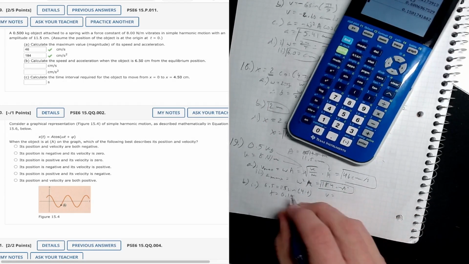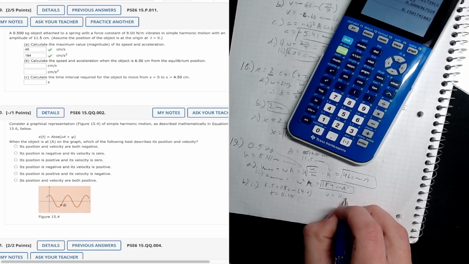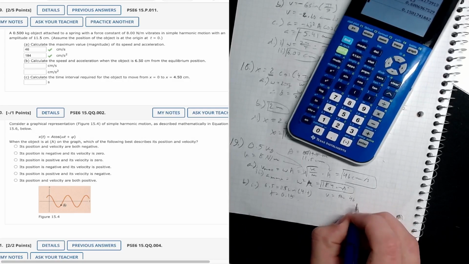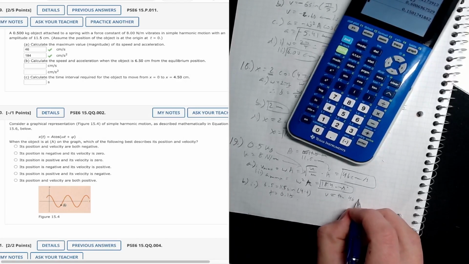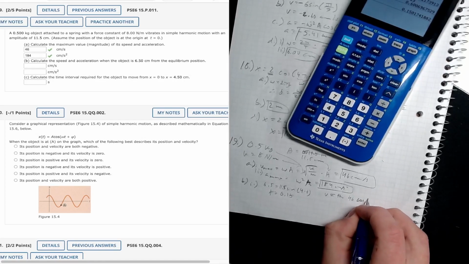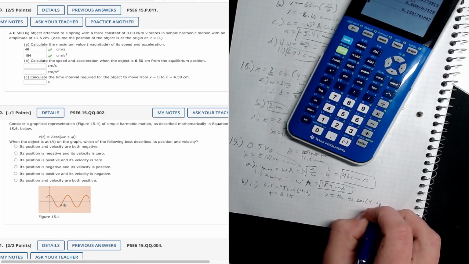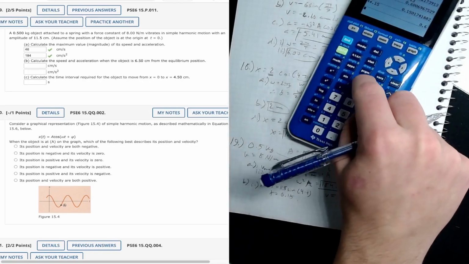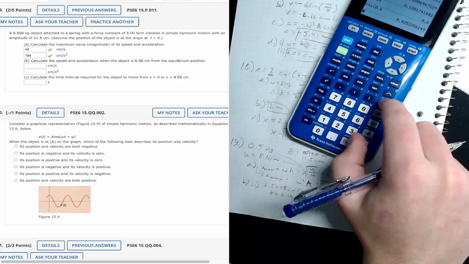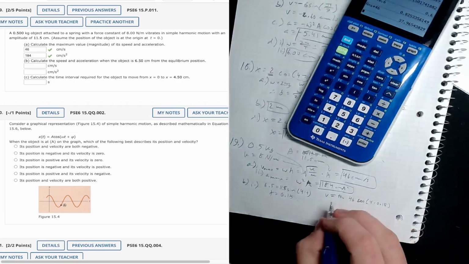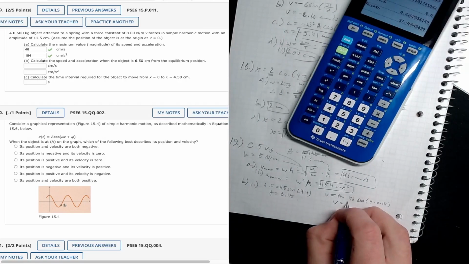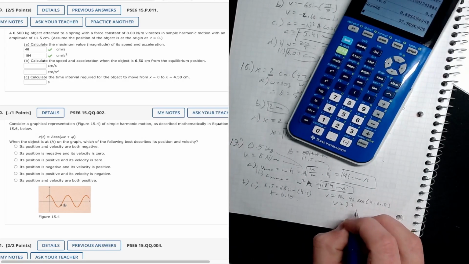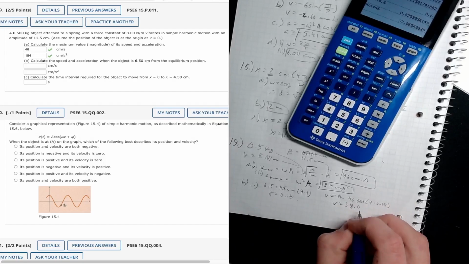v equals 11.5 times w, which equals 46 because you take out the w. 46 cosine of 4 times 0.15. Cosine of that times 46. Velocity equals 38.0 rounded.